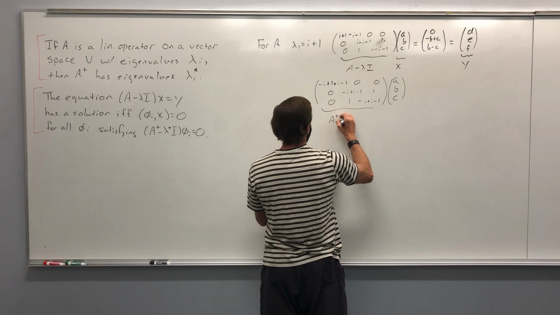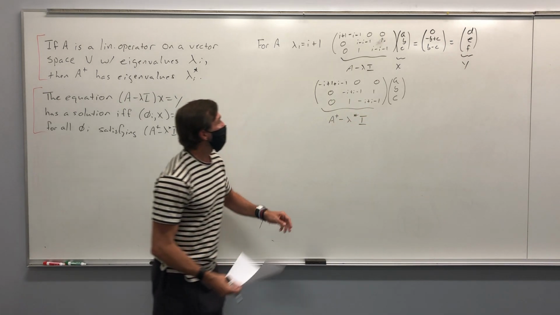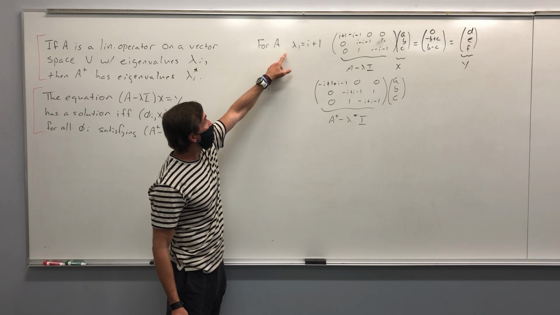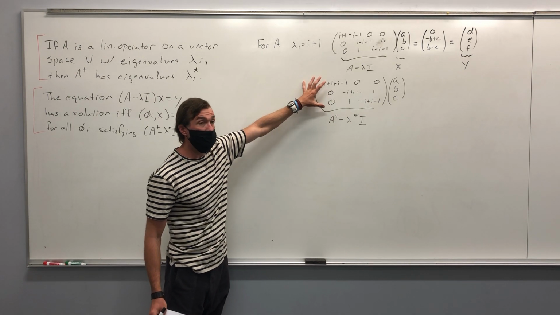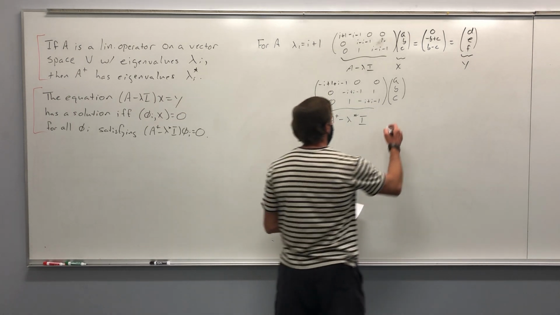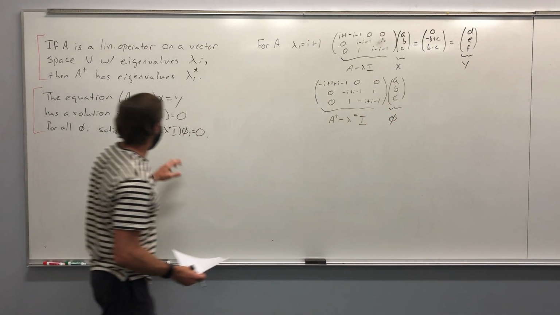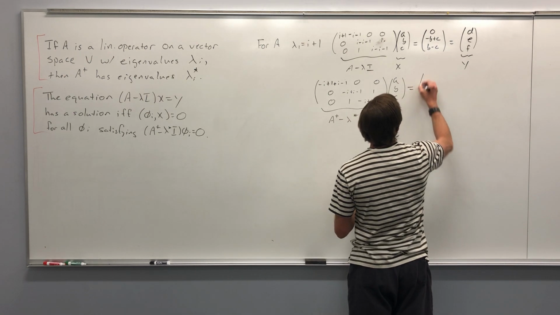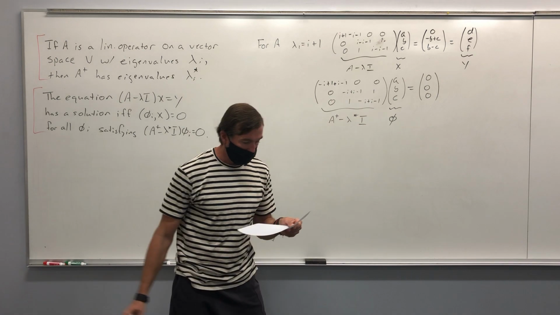This is A dagger minus lambda star I. So I'm just taking the Hermitian conjugate of A and subtracting off the complex conjugate of lambda times the identity matrix. That's where this comes from. These are the elements of phi, that's this guy right here, and I want this to be equal to 0.